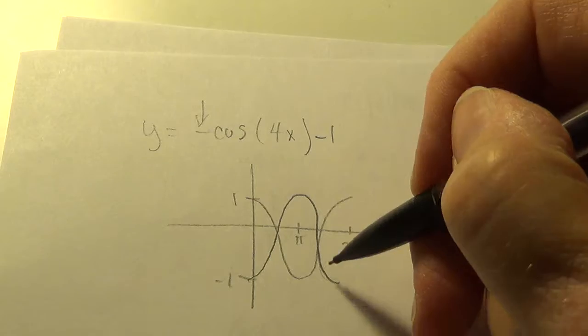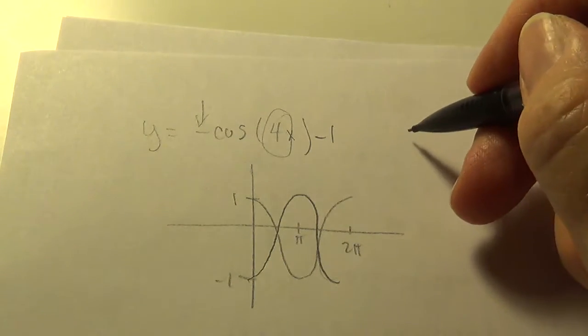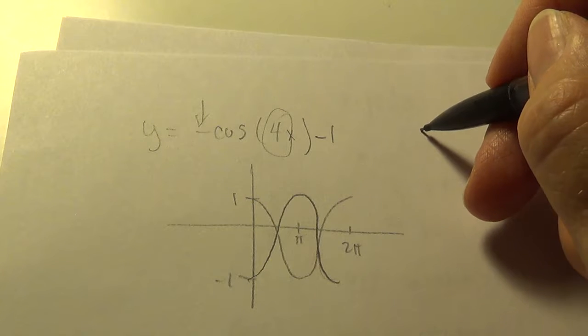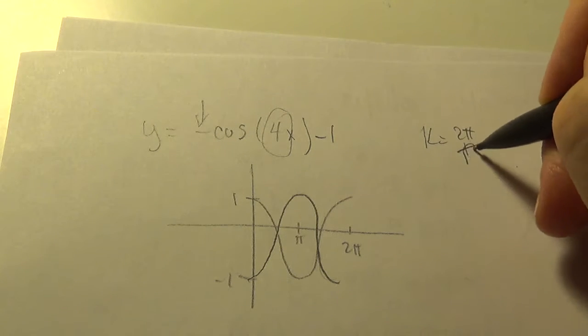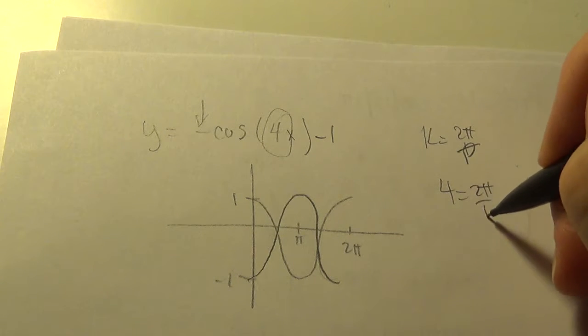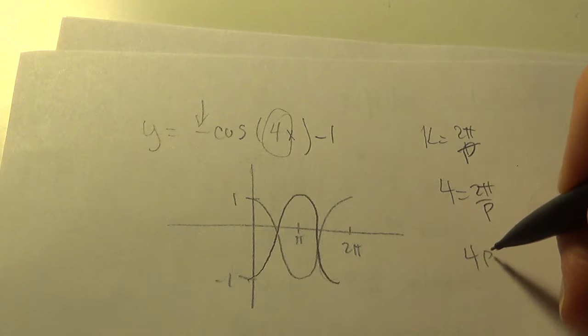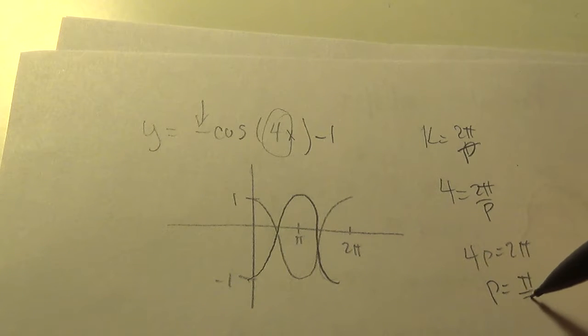I do this next, so there is my key again: k equals 2 pi divided by the period. I know k is 4. 4p equals 2 pi. P equals pi over 2.